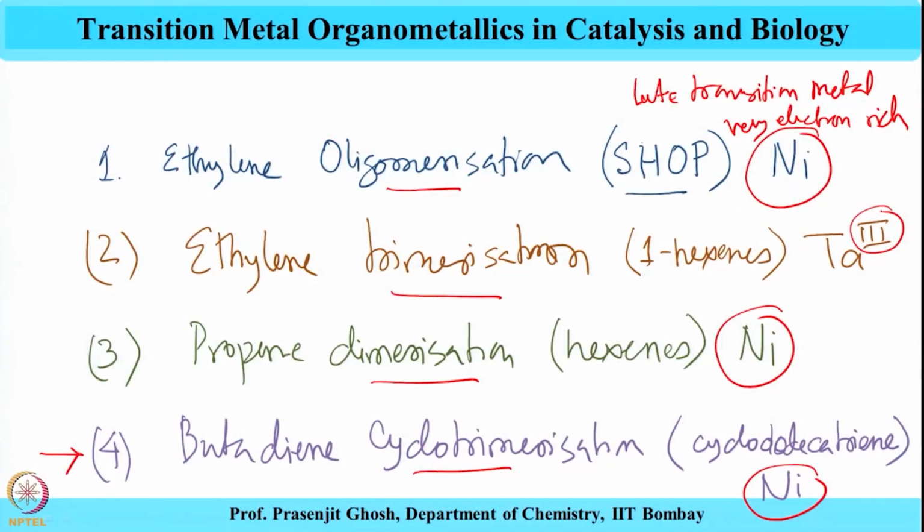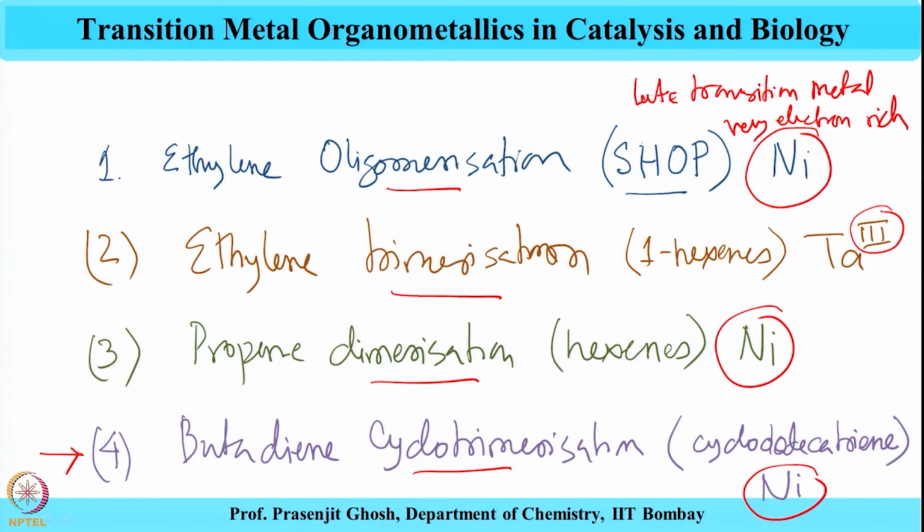Now, from this perspective, this ethylene trimerization with tantalum 3, which is an early transition metal, sort of stands out, in the sense that there are some examples of a lower degree of polymerization, like trimerization, happening with an electron deficient metal like tantalum. But note that the oxidation state of tantalum is not 5, it is 3.